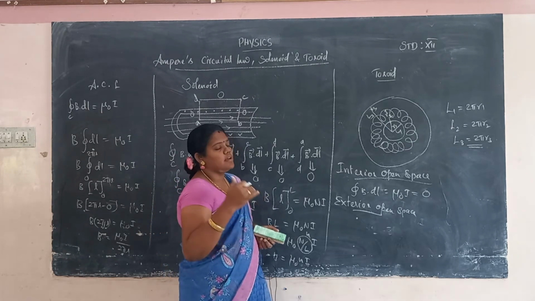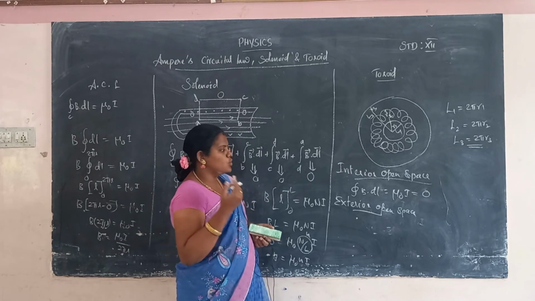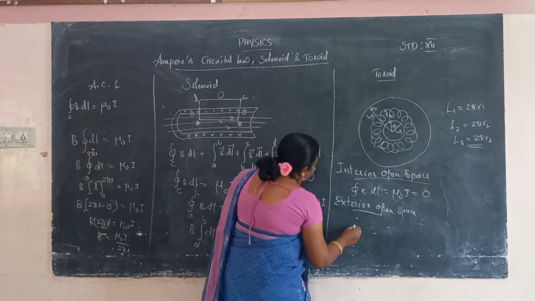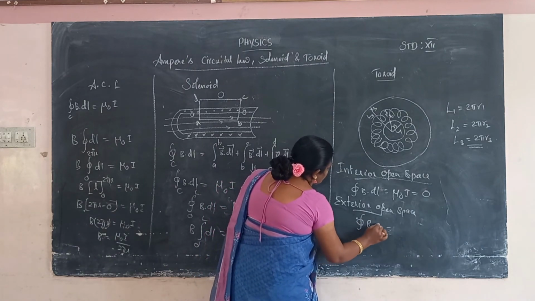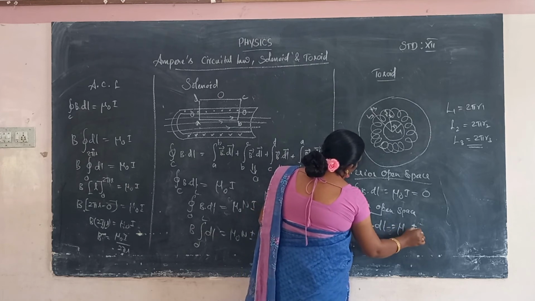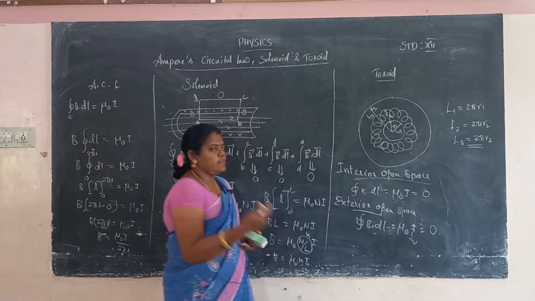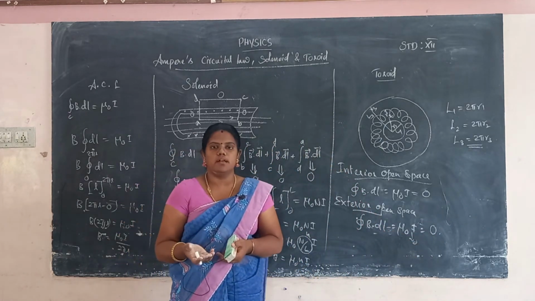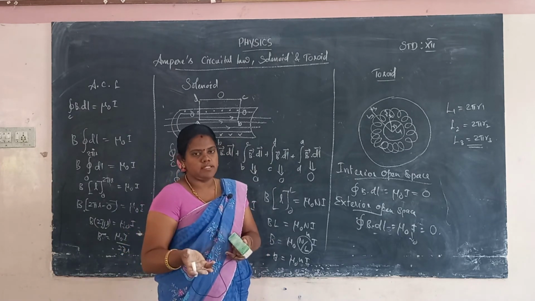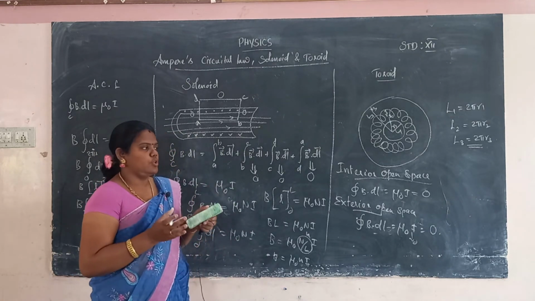The magnetic field created in the exterior open space is mu naught I, and that current is 0, so automatically it will be 0. So in the interior open space there is no magnetic field at all, and in the exterior open space no magnetic field is created, so we didn't consider them.